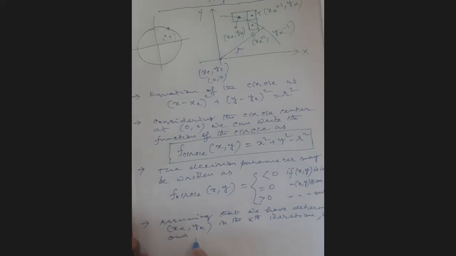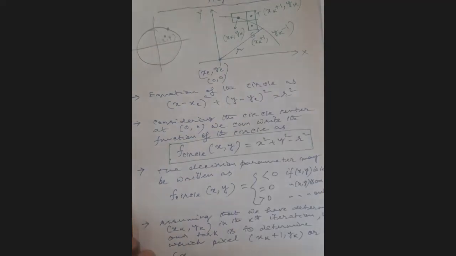Now our task is to determine which pixel, that is xk plus 1, yk, the pixel t, or the downside pixel, that is xk plus 1, yk decremented by 1, in the next iteration, that is in the k plus 1th iteration.